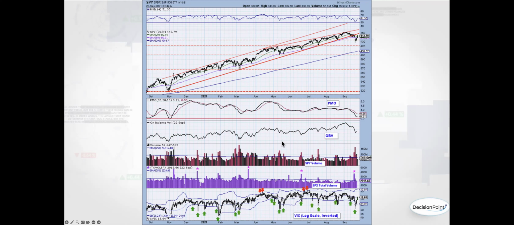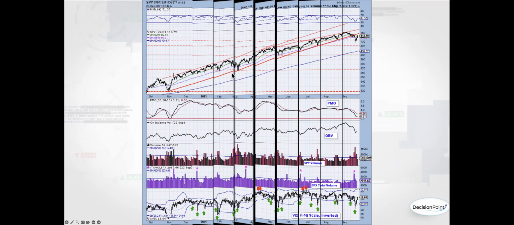All right. What else do I want to tell you about this chart? There's my PMO turning up, getting ready to head back up higher. So this is the climax chart that we do in the decision point alert every day.